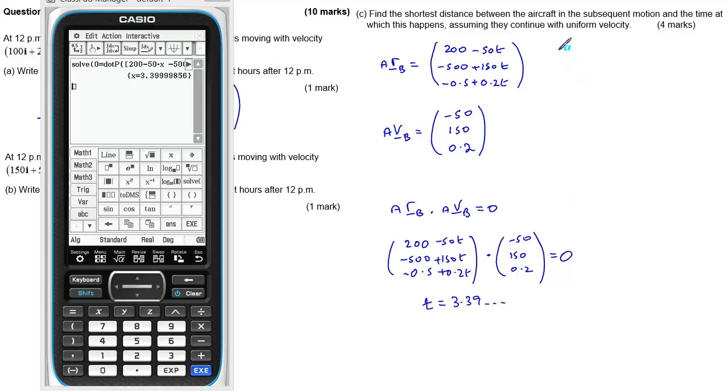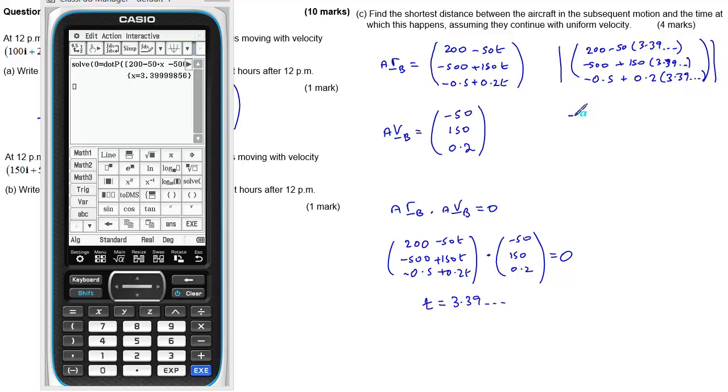So what we want is the magnitude of 200 take away 50 times 3.39 and so on, and negative 500 plus 150 times 3.39, and so on. And finally, negative 0.5 plus 0.2 times 3.39, and so on.